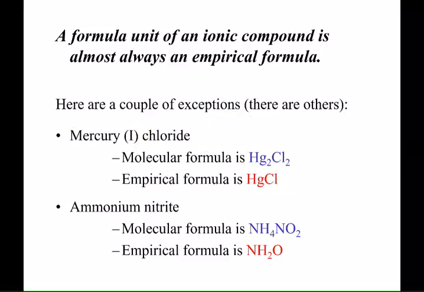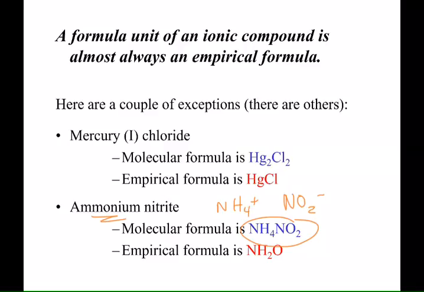Another example would be one involving ammonium. This is just an example. Now in this case, of course, ammonium is the NH4+, so you don't monkey with it. And here we're combining with nitrite, NO2-. We crisscross, and of course we get one of each, and that's kind of indicated here.